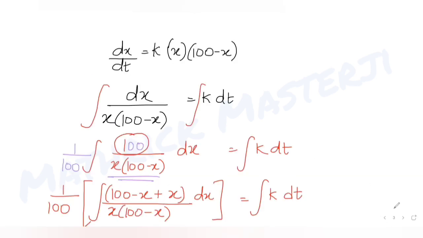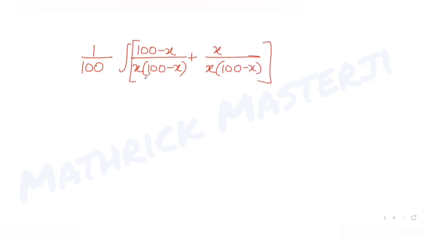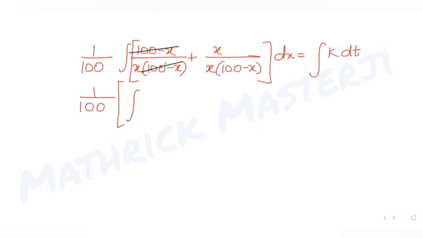Separating this entire thing, I get the integral of 100 minus x over x into 100 minus x, plus x over x into 100 minus x, dx, equals the integral of k dt. So from here I get 1 over 100 times the integral, and the 100 minus x gets cancelled.